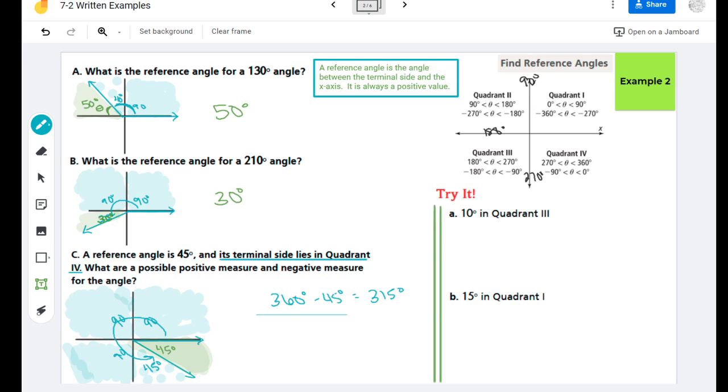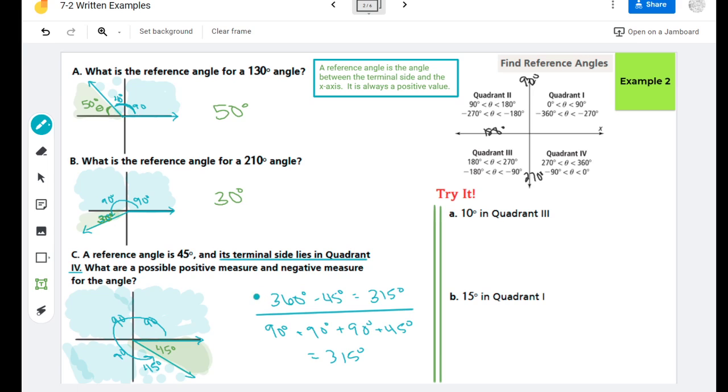So another way to get it would be to do 90 degrees plus 90 degrees plus 90 degrees plus 45 degrees. And if you put that in your calculator, you'll get 315 as well. Okay, so there's two ways for you to get that.